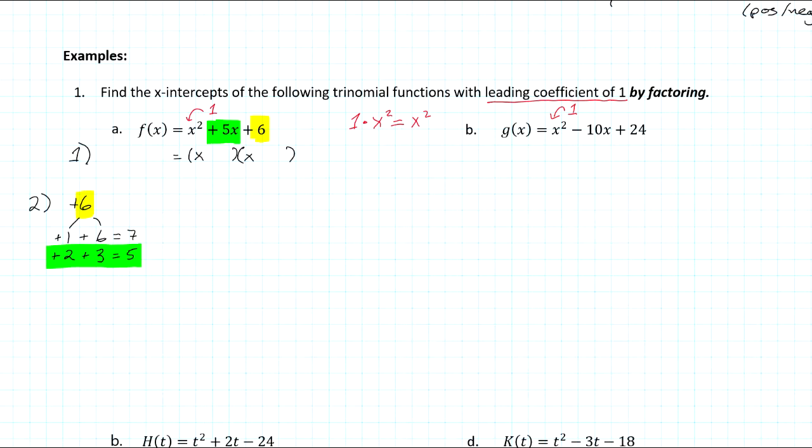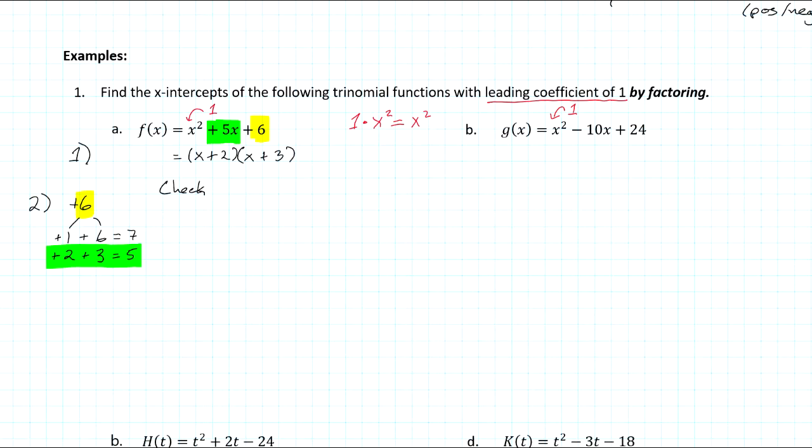So when we factor this, this will be parentheses x plus 2, close parentheses, open parentheses, again, x plus 3. So now when finding the x-intercepts, we can say 0 equals, actually before I do that, let's go ahead and just check this.